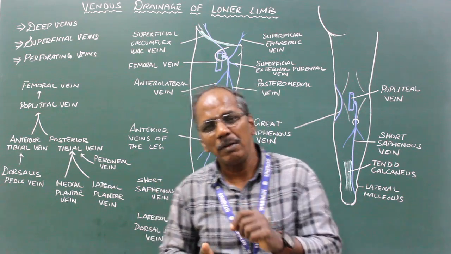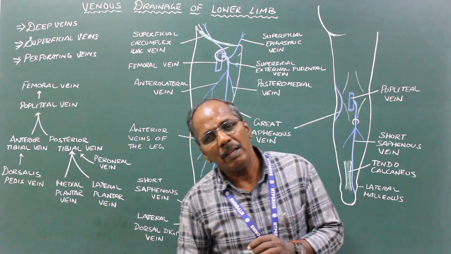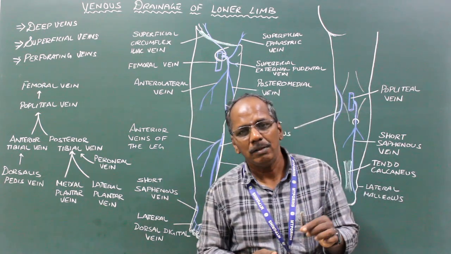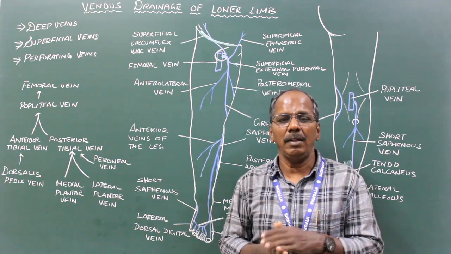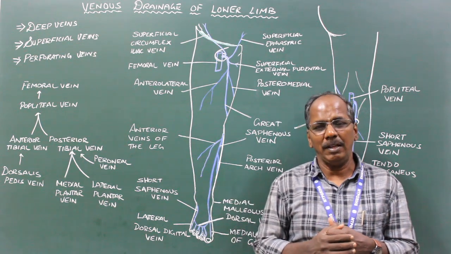So the deep veins include medial and lateral plantar vein, dorsalis pedis vein, anterior and posterior tibial vein, peroneal vein, popliteal vein and femoral vein. The femoral vein continues as external iliac vein.